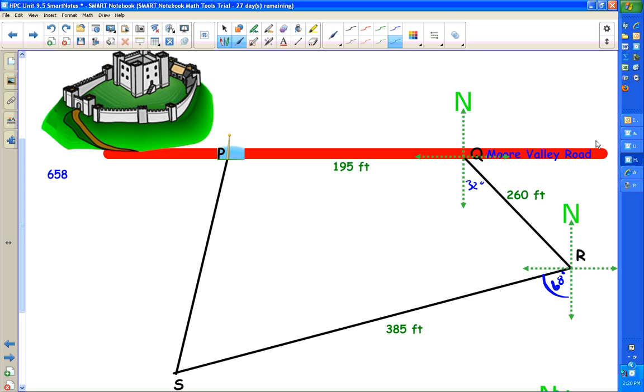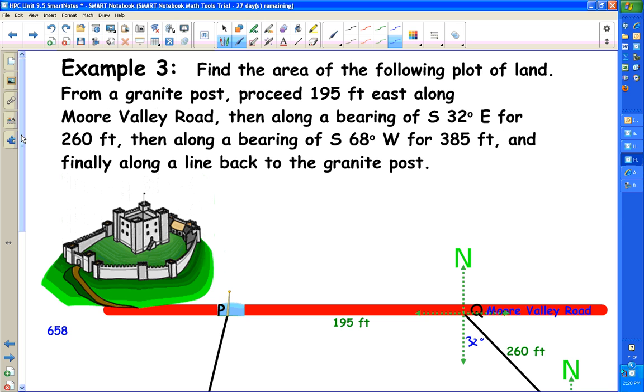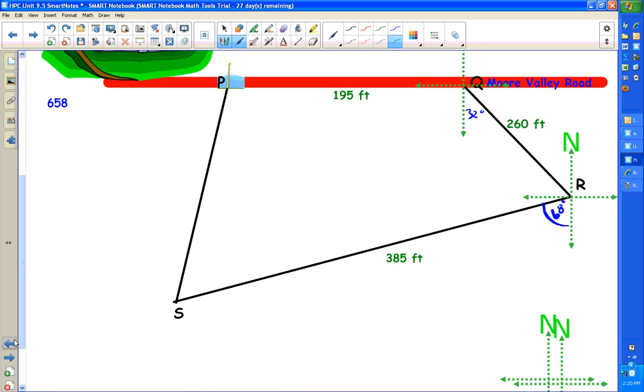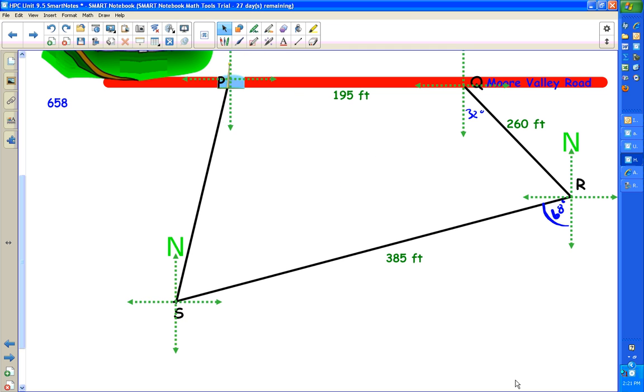Then you follow that for 385 feet. And finally, turn, so wherever this is, turn and go back to the granite post. So again, you may want to throw in these lines just so you can see what's what.